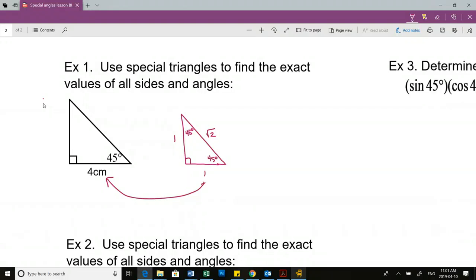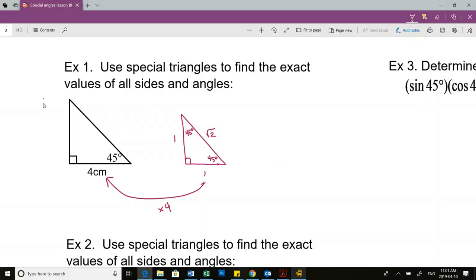So how would I get from 1 to 4? What is the multiple? Times 4. So if I multiply each side by 4, I should get the rest of the sides in this triangle.